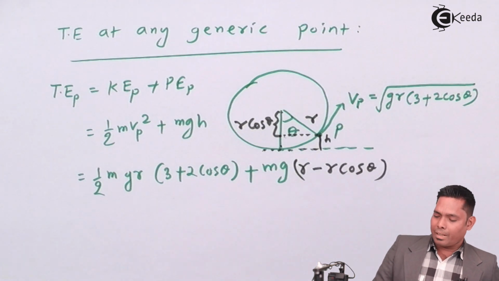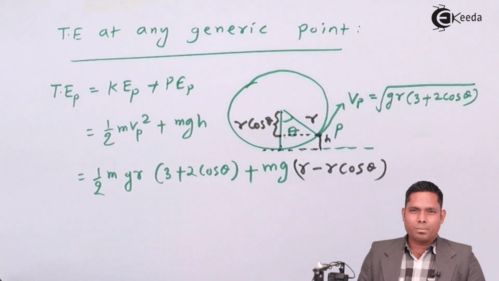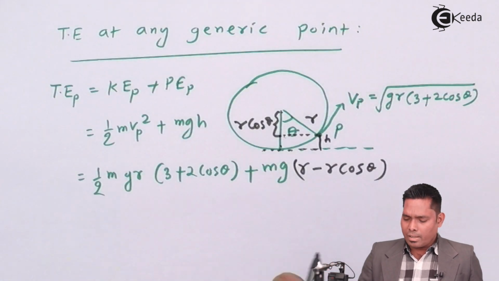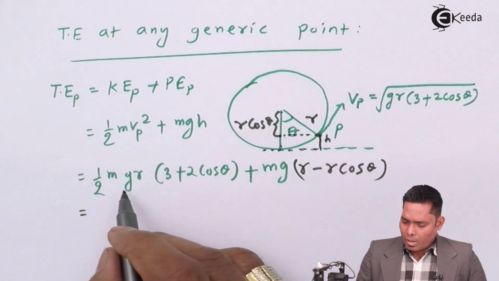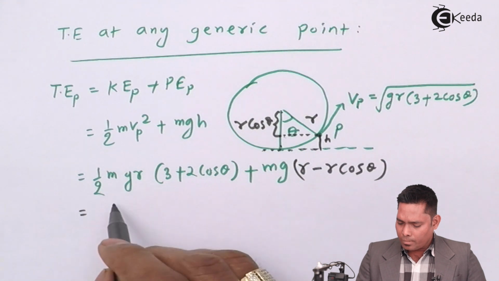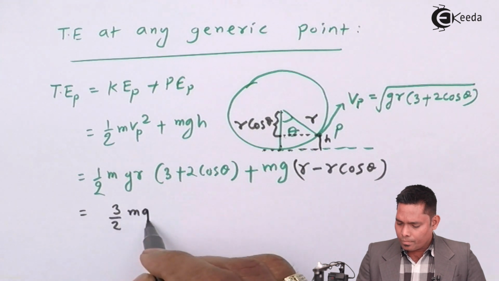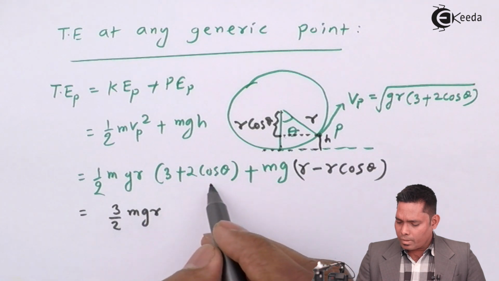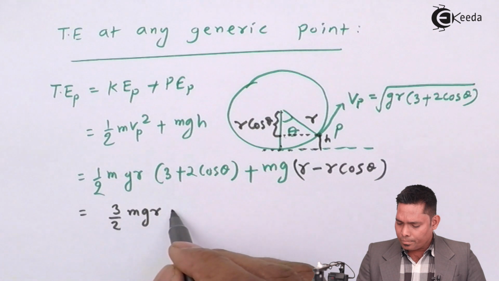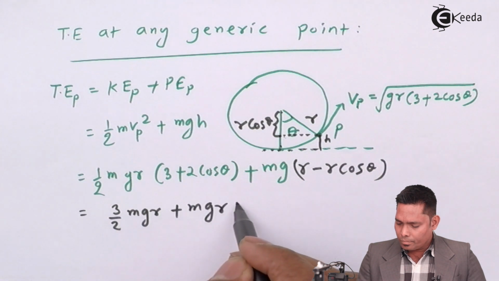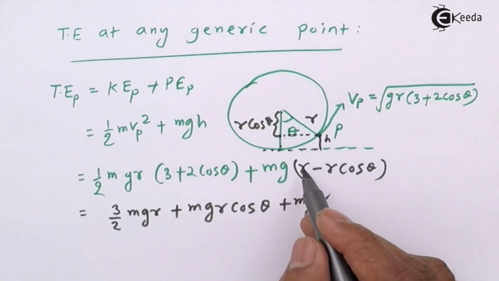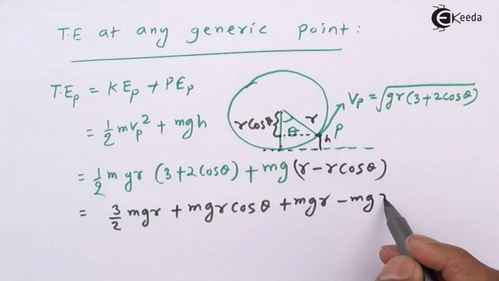Now I'll open the brackets, and I'm expecting it to be the same as 5 by 2 mgr that we have got so far. This is 3 by 2 mgr. This one with this one gives mgr cos theta, because the 2 cancels. Here it is mgr, and with this it is minus mgr cos theta.